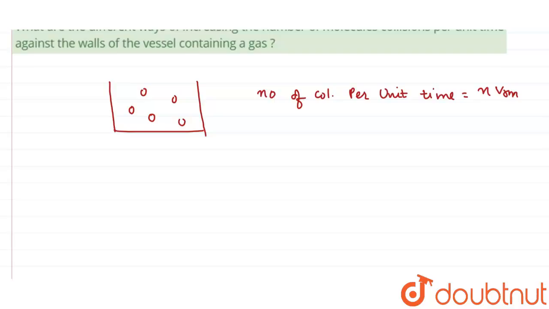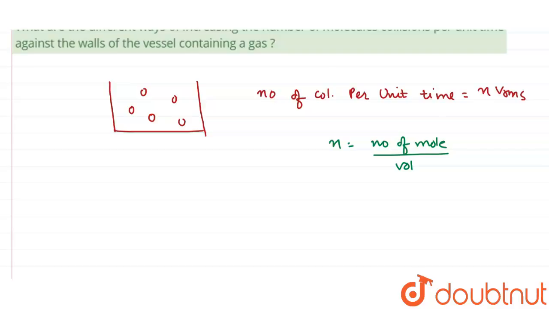Here N is the number of moles per unit volume, that means number of moles upon volume, and V_RMS is the root mean square velocity of molecules, the RMS speed.